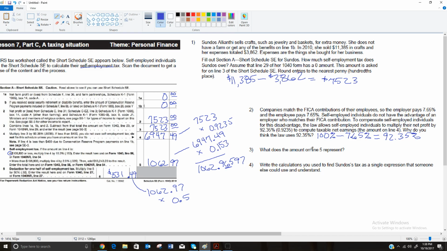What does the amount on line 5 represent? Well, on line 5, again, that is her taxes, but if she had an employer, her employer would pay for half of those. So this is what an employer and an employee would pay together.